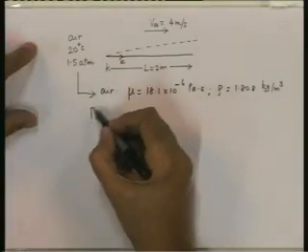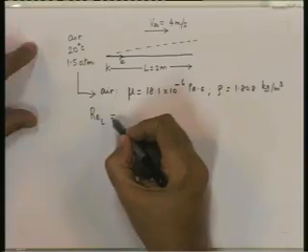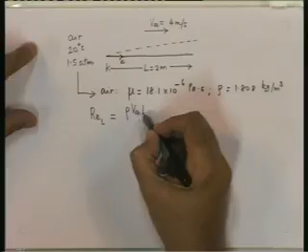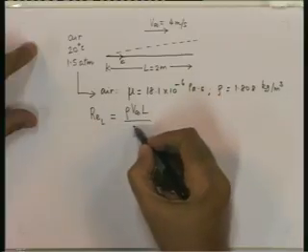We first calculate REL. This is rho V infinity L divided by mu.